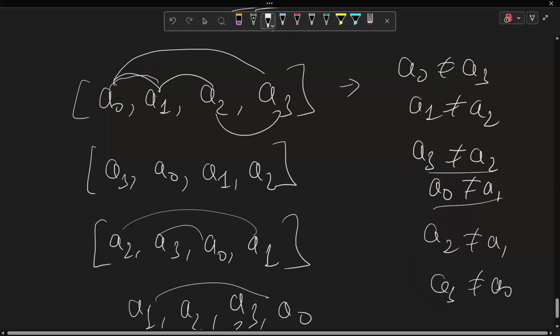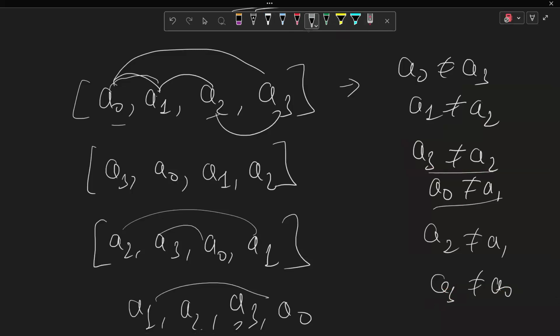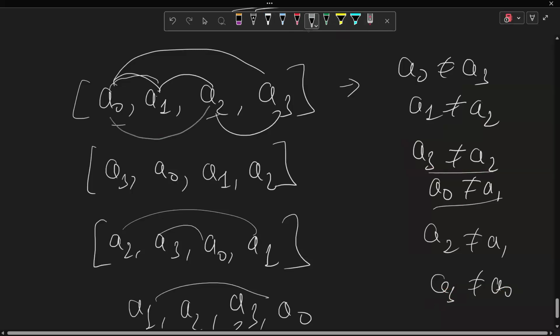Now for A3, it's A2 and A0 only. So what can be equal is: A0 can be equal to A2 here, and A1 can be equal to A3. These are the things allowed here.